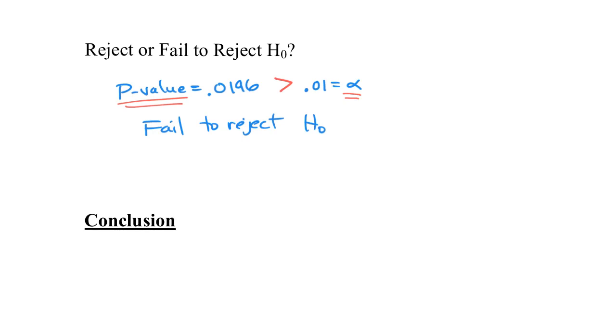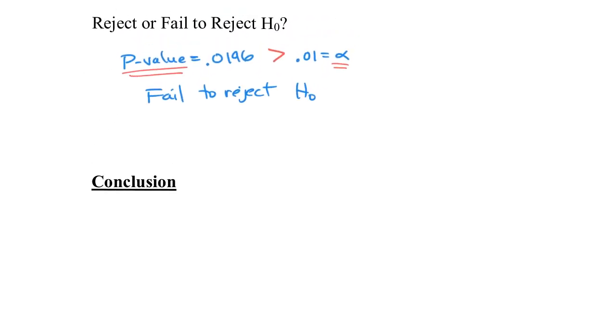And that'll, of course, always be in the context of the application. We can say this the way that we've always said it in the past, or we can use the new wording in the book. Remember that in the conclusion we always mention the level of significance.